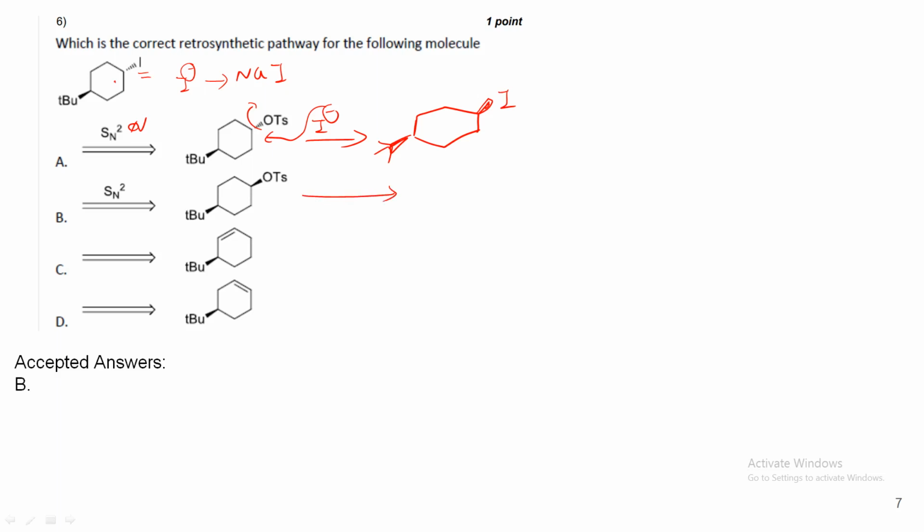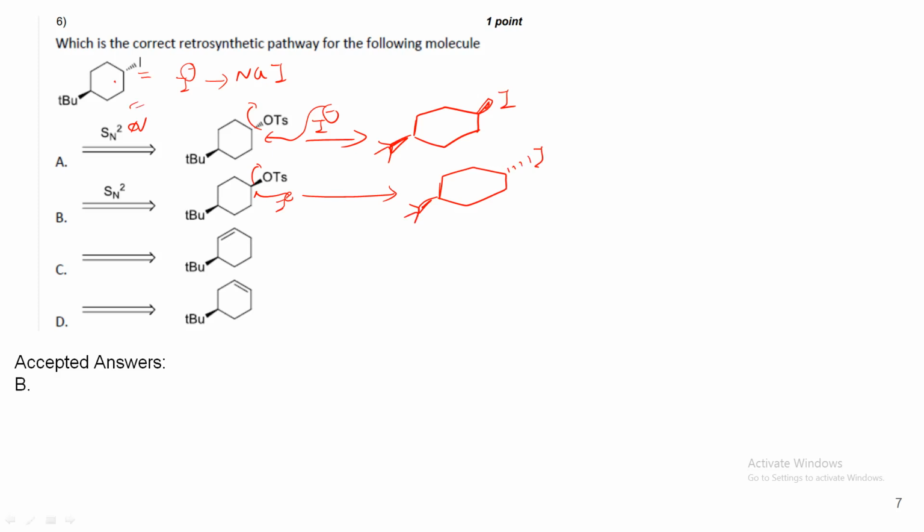For this case, it is above, so I minus should come from below, and the product should be like this. So this is our required product.